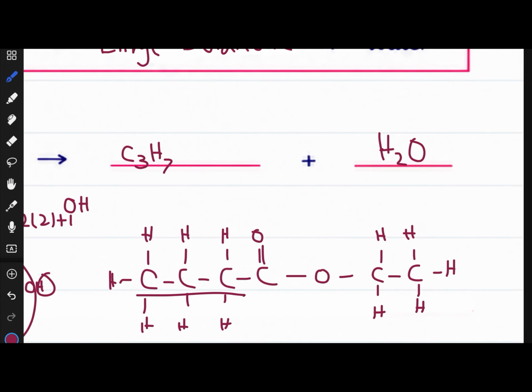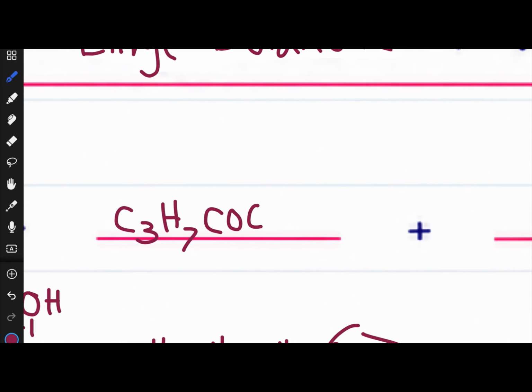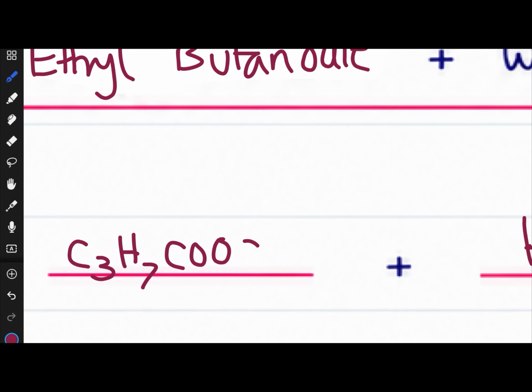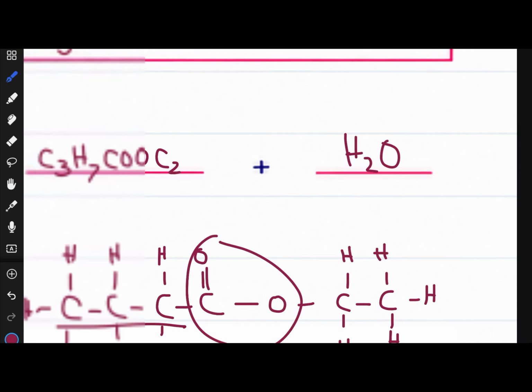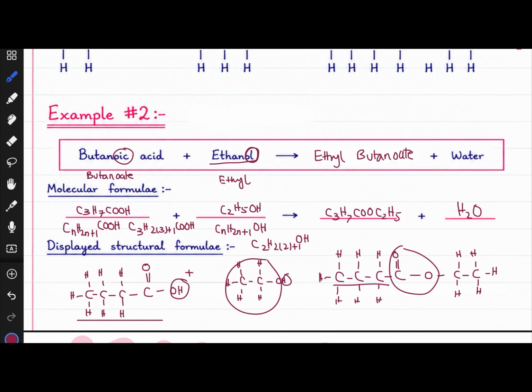And then we have to write this ester linkage like this, COO. And then it's time for this part. It's C2. And then we have how many H? We have 1, 2, 3, 4, 5. So we're going to write C2H5. And this is how we have written down the molecular formula of our ester.